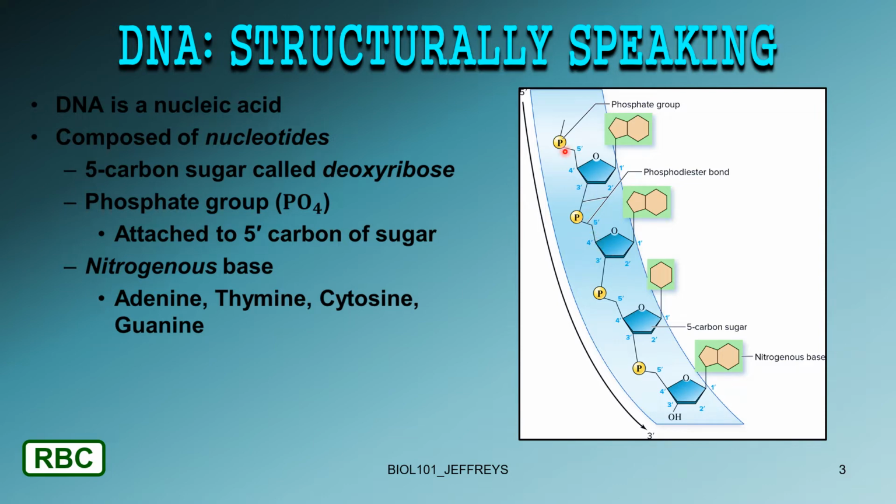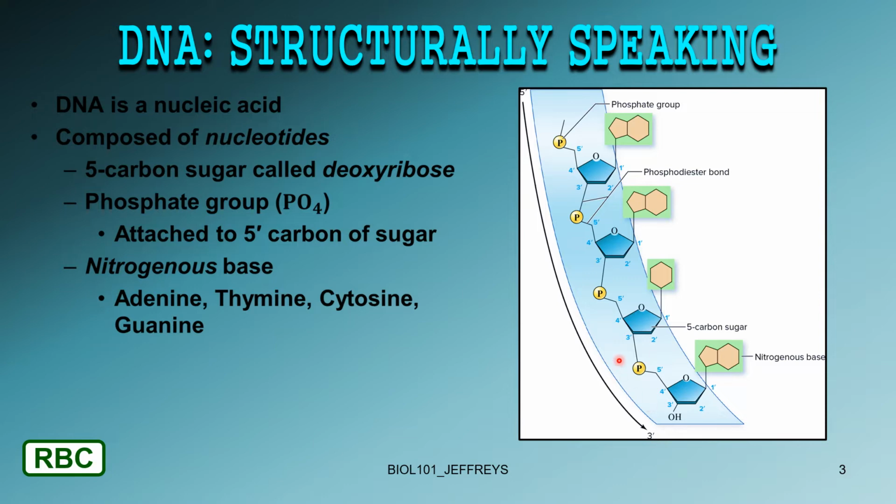And so we end up with alternating phosphate, sugar, phosphate, sugar, phosphate, sugar. We call that the backbone, the phosphate sugar backbone. That's all covalently bound. It's very strong, and that's what keeps DNA structurally sound.